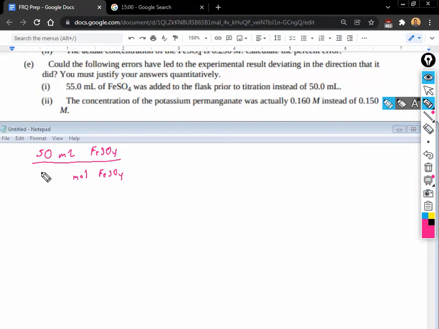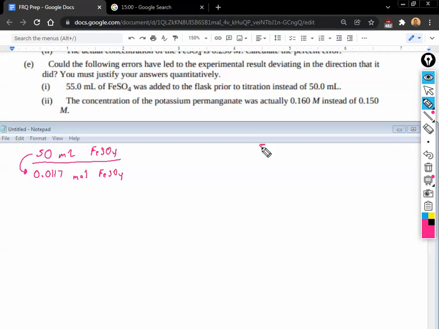That's going to be for your MnO4. Yeah, so just make sure that you label all your numbers because a lot of times you will have to refer back to it. So if we really had 50 milliliters of FeSO4, this is how many moles of FeSO4 we would have.